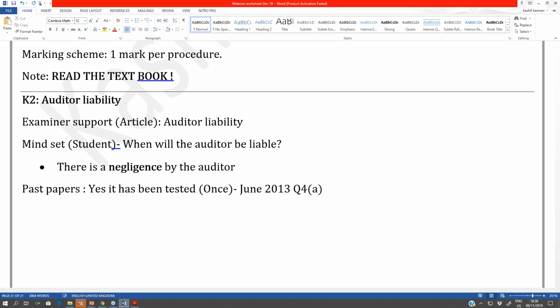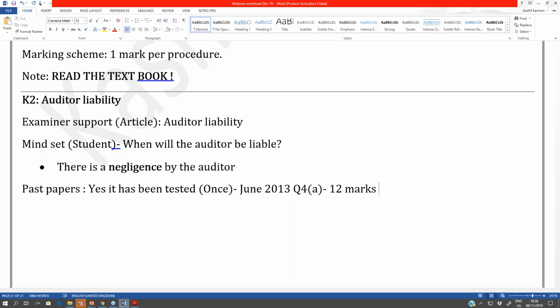Now see, try to give me an answer. I just showed you a question from June 11 where opening balances was tested for 8 marks. Now I am showing you a question, June 13, question 4A, where auditor liability was tested for 12 marks. And how many times do students ignore such areas and go to the exam hall?